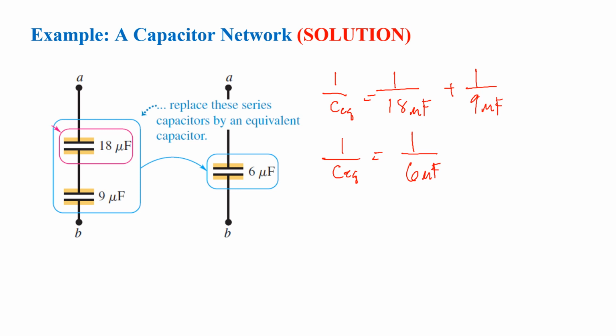Taking the reciprocal, C equivalent is equal to 6 microfarads. We have replaced the 5 capacitor network with just one equivalent capacitor with a capacitance of 6 microfarads.